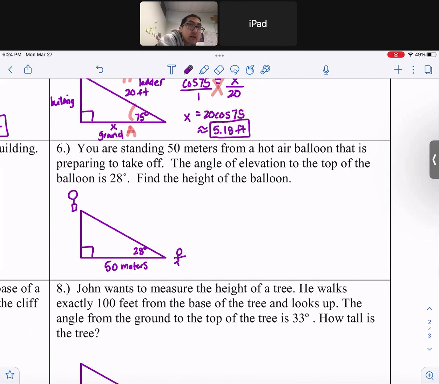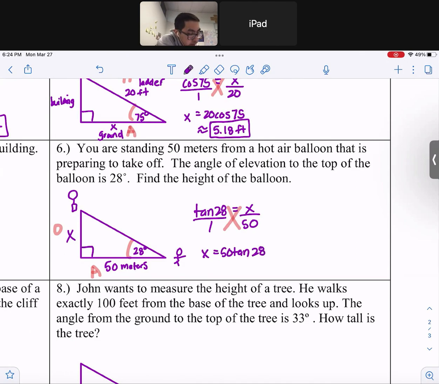Find the height of the balloon. Well, here's the balloon. We're trying to find the height of it, so we're trying to solve for that. So in the perspective of this angle, opposite, adjacent, so this is definitely tangent. Tan 28 equals opposite over adjacent. And then you guys to solve, you gotta cross multiply. X equals 50 tan 28.